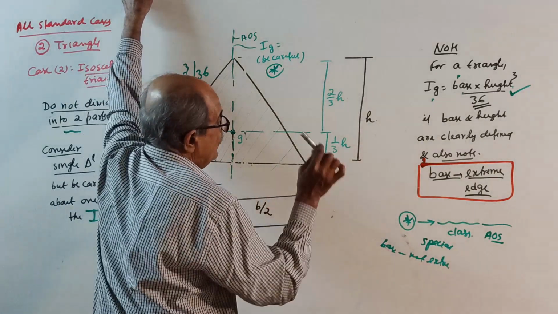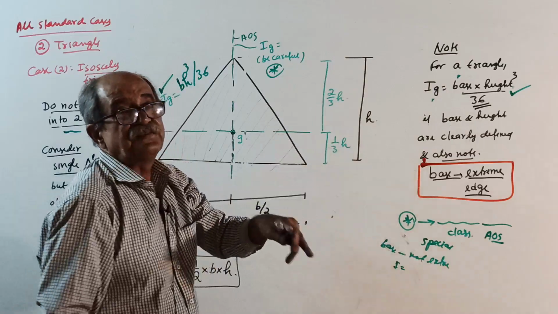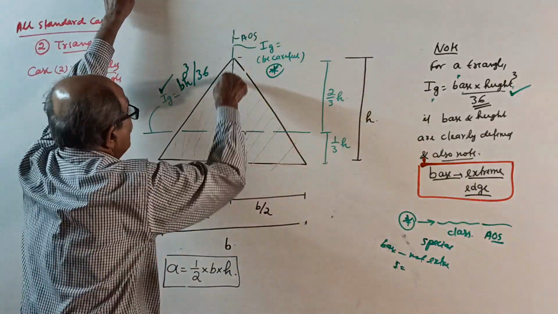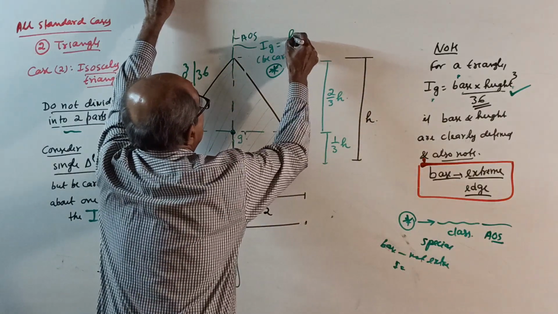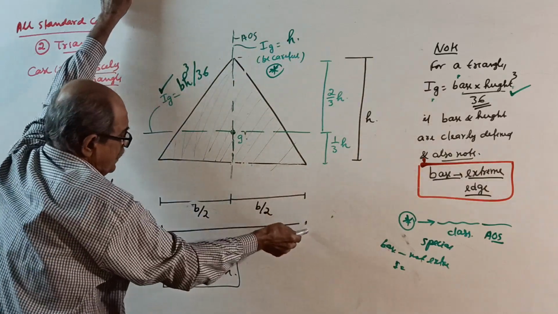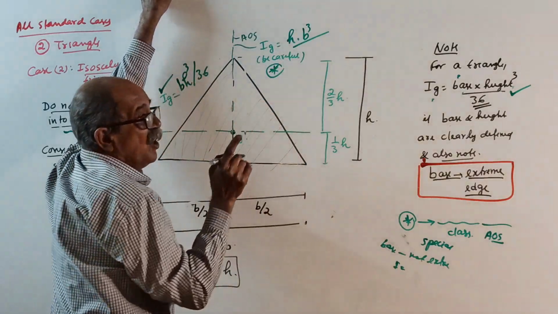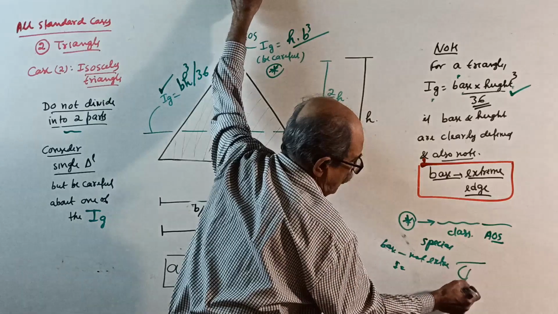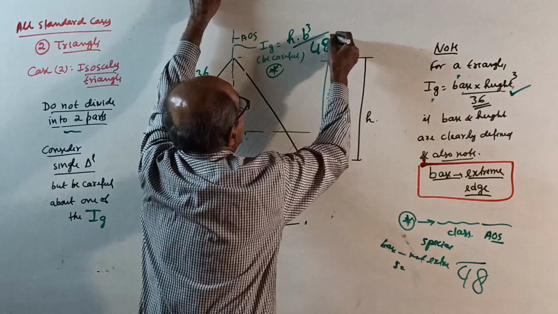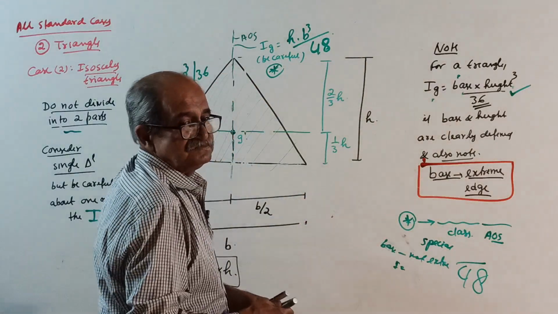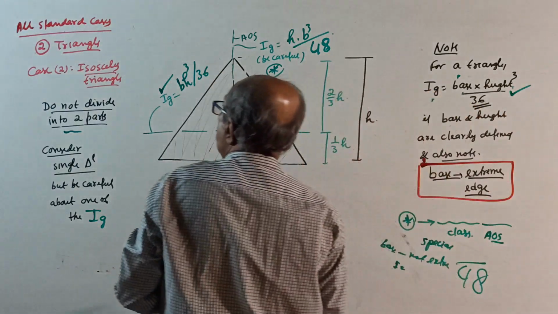In that case, I equal to, which is parallel first. For this axis, parallel is H, and for this one, perpendicular is B. That is no problem. B cube, not by 36, you write divide by 48. Be careful. This is star. Make this note. This already told earlier, and we even derived it also.